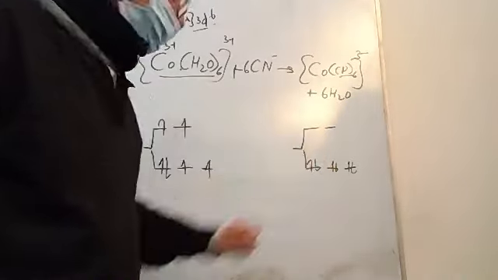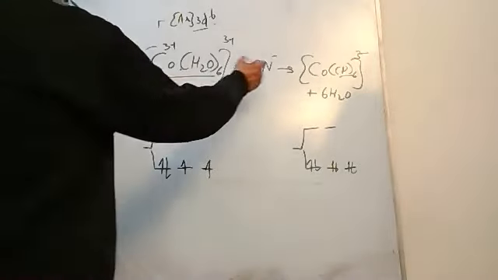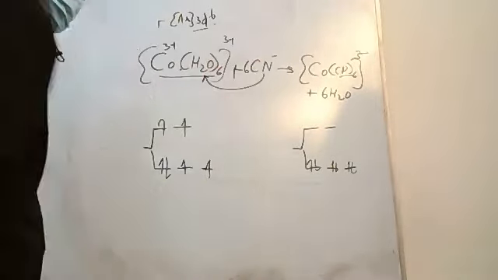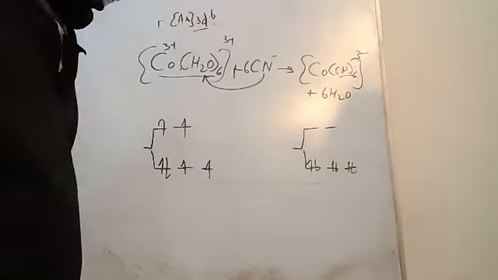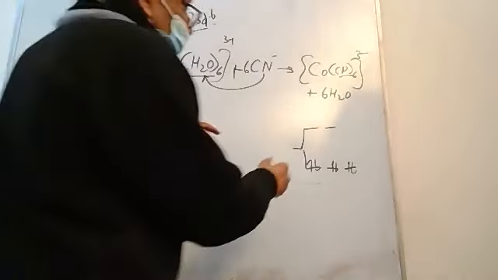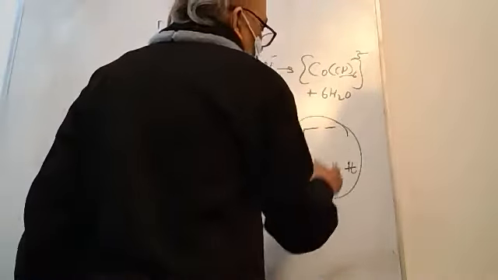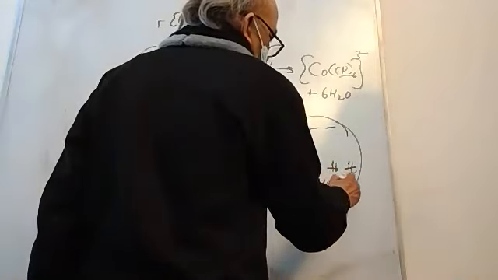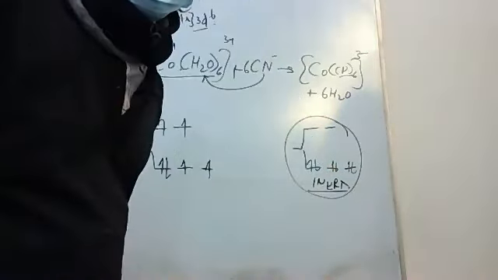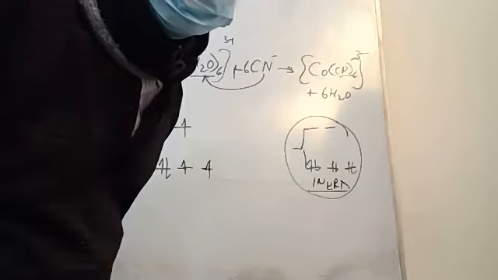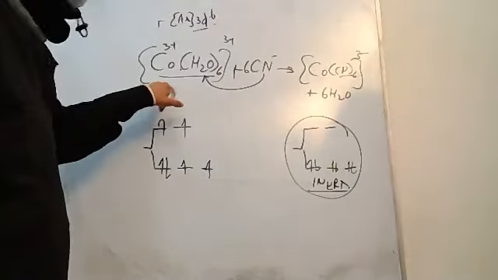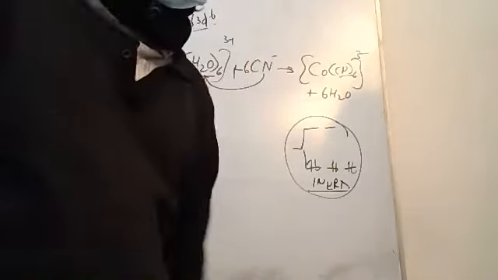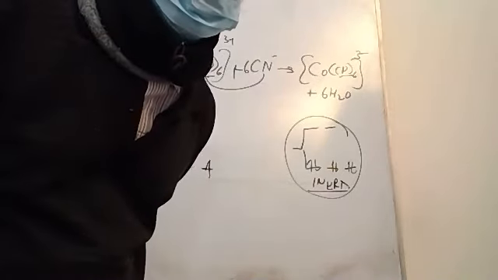As you progressively replace the water with cyanide, at some point suddenly the complex becomes inert. So it becomes very stable. And that is where you will see a reversal in the equilibrium constants.